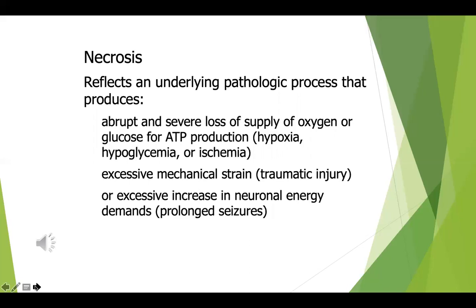Second would be excessive mechanical strain, that is trauma. And thirdly, through excessive increase in neuronal energy demands as seen in prolonged seizures. So it is very important for us to control seizures ASAP so as to lessen the loss of functional cells.